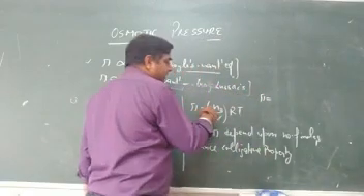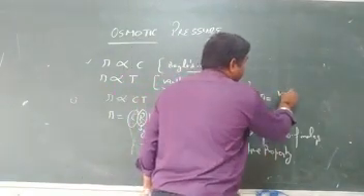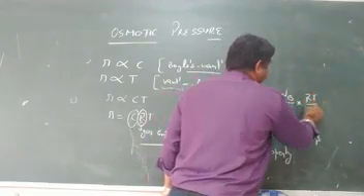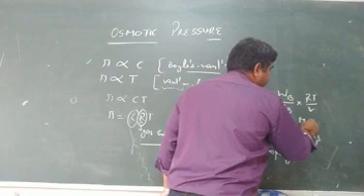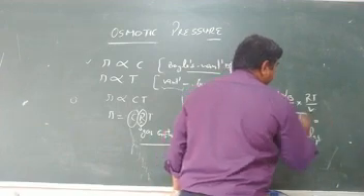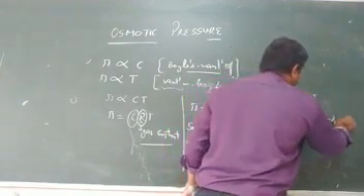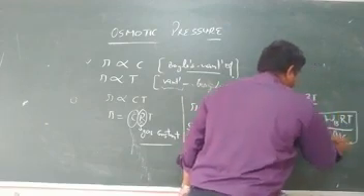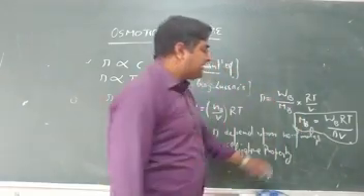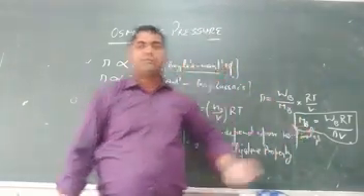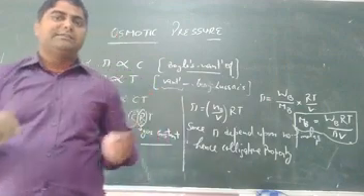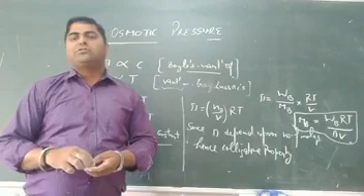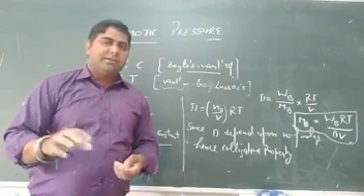Pi equals number of moles, which can be written as given mass upon molar mass, into RT upon V. So molar mass can be easily calculated by applying the formula W_B RT upon pi V. By applying this formula, we can easily calculate the molar mass of a non-volatile solute which is added, so that we can easily measure the osmotic pressure of the given solution.